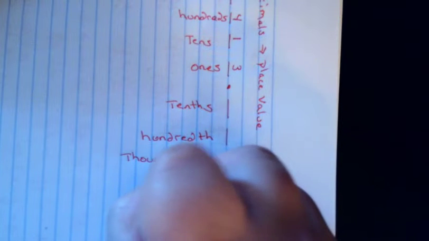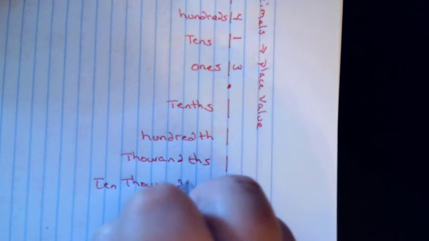So we've got tenths, we have hundredths, okay? Then we have thousandths, then we have ten thousandths, and then we've got hundred thousandths.